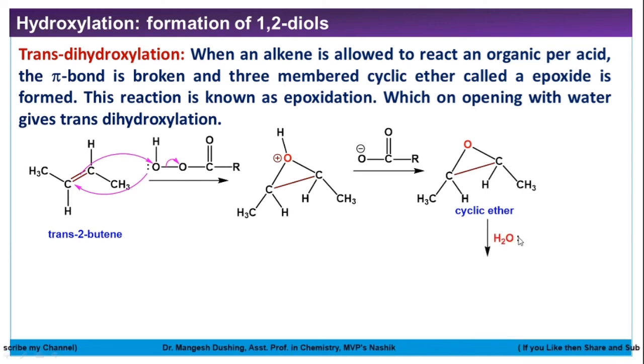Now the second step is that the base, that is H2O, attacks on this carbon, either this carbon or this carbon. So what will happen? This oxygen attacks on this carbon. This is called anti-addition. Why anti-addition? Again, two factors: electronic repulsion as well as steric hindrance.